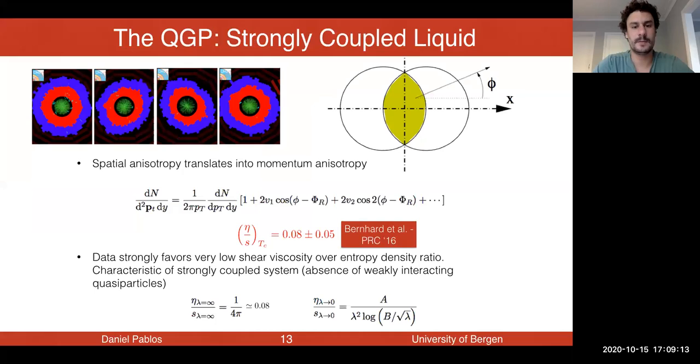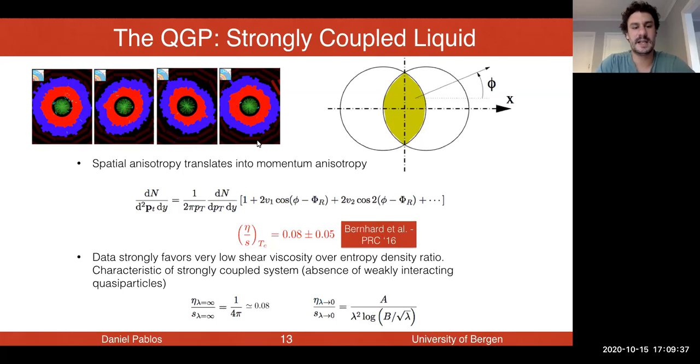Indeed, these numerical simulations of hydrodynamics work because we assume that what's happening in the collision is that the spatial anisotropies translate into momentum anisotropies driven by strong interactions between the components of this system.